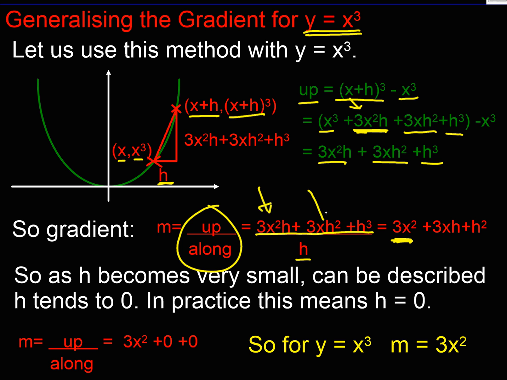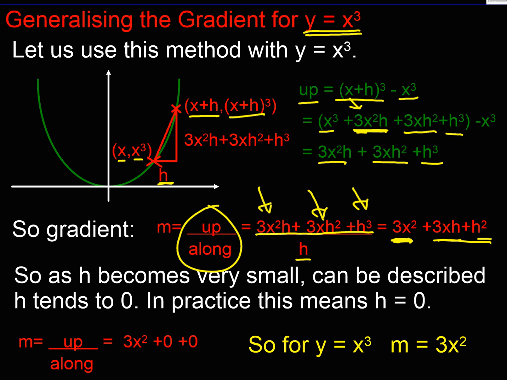The second term, 3x h squared divided by h, is therefore going to be 3x h. And our third term, h cubed divided by h, gives us h squared. So we've now got three terms, two of which are dependent on h and the other one is not.